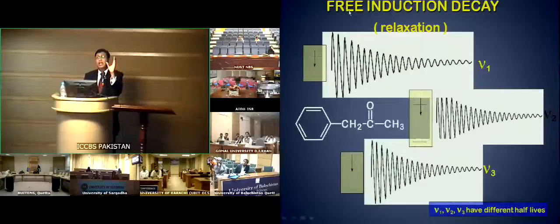B naught is ever present, because without B naught, you don't have NMR. But you don't have any other force, and it is freely decaying. Free induction decay. There is no induction of any other energy.